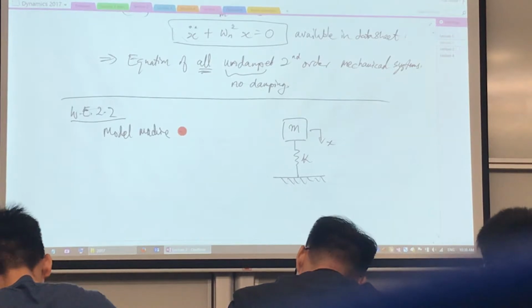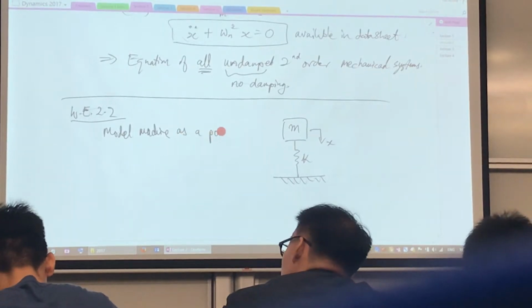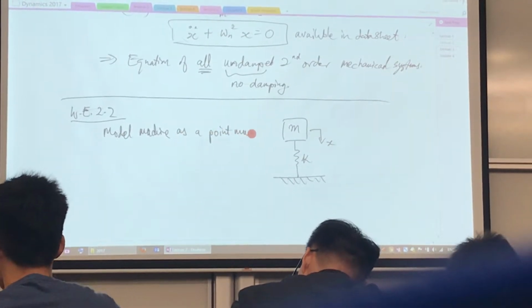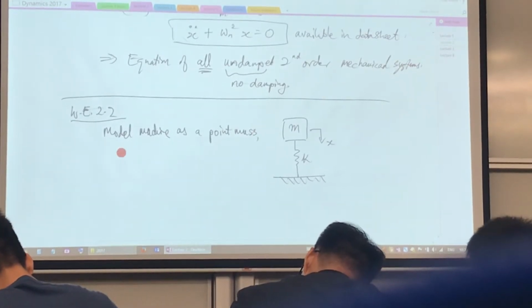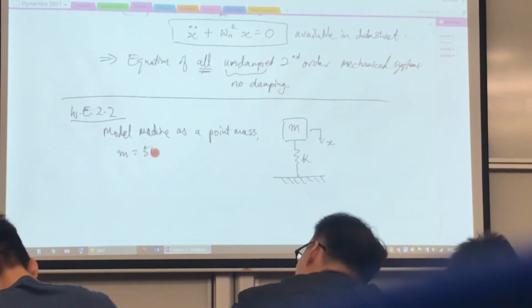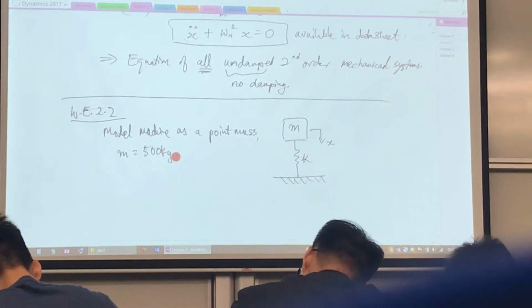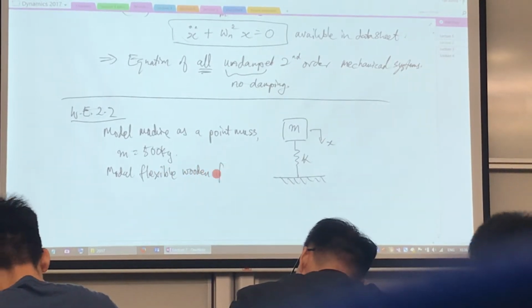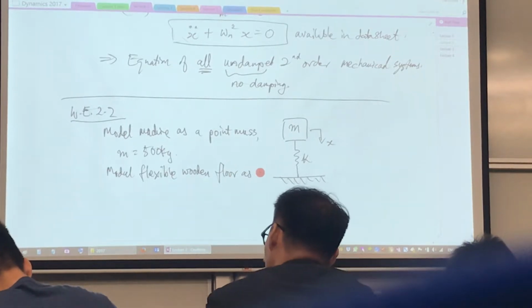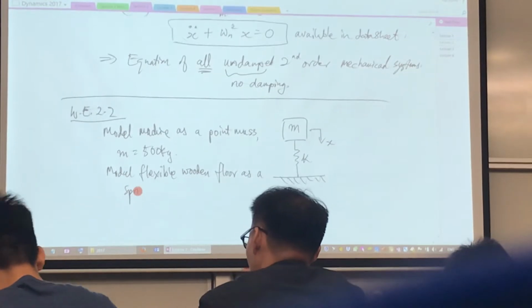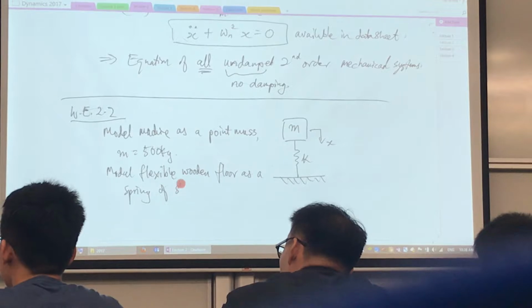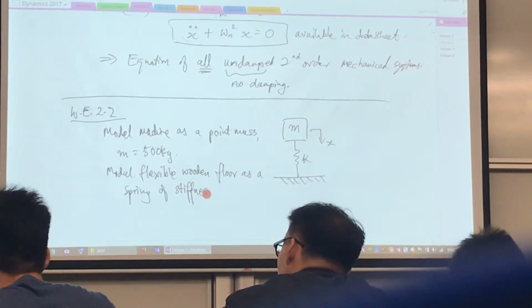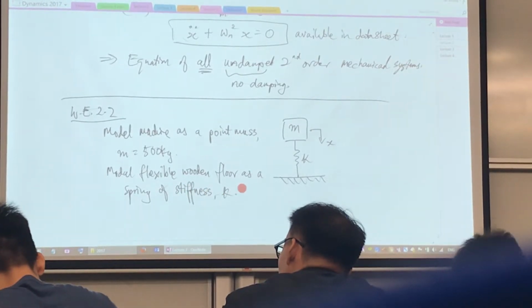We model this machine as a point mass, and this point mass M is 500 kilograms, as given in the question. Then we'll model this flexible wooden floor as a spring. The spring would have a stiffness or spring constant that we call K for now.